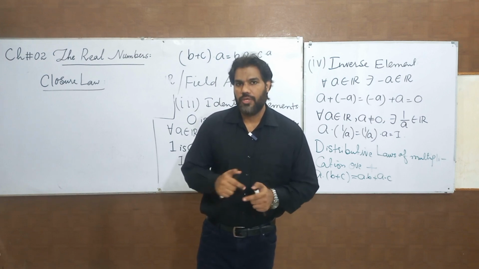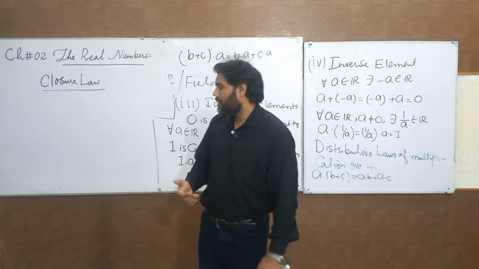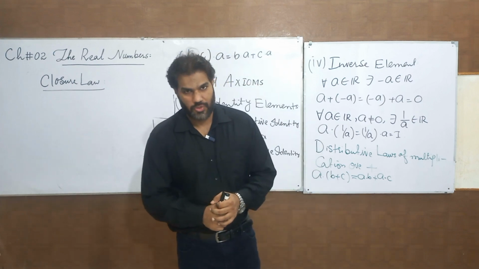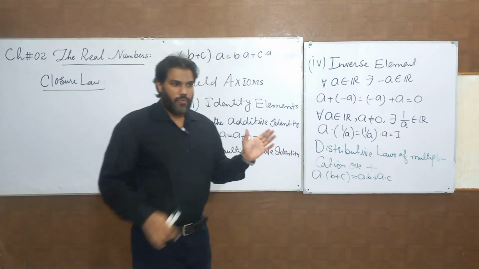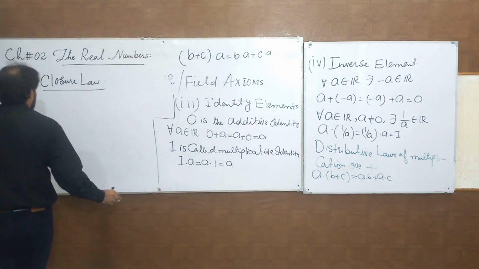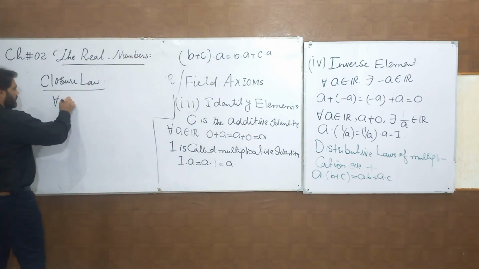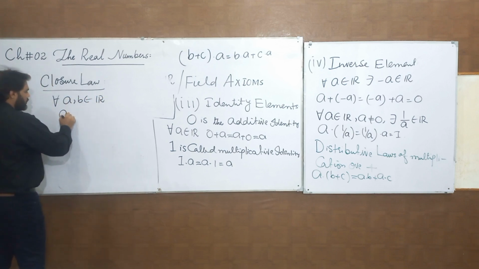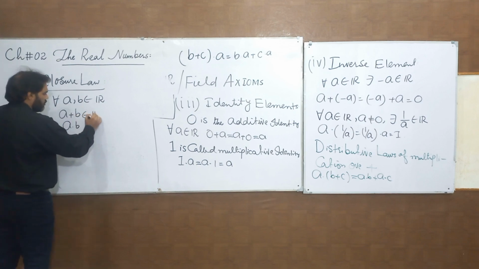So if we include the closure law under addition and under multiplication, then we have a total of 11 axioms for a field. The closure law says that for all A, B belonging to R, their addition as well as their multiplication both belong to the set of real numbers R.